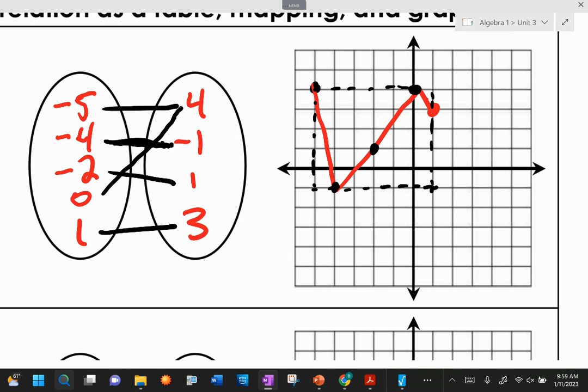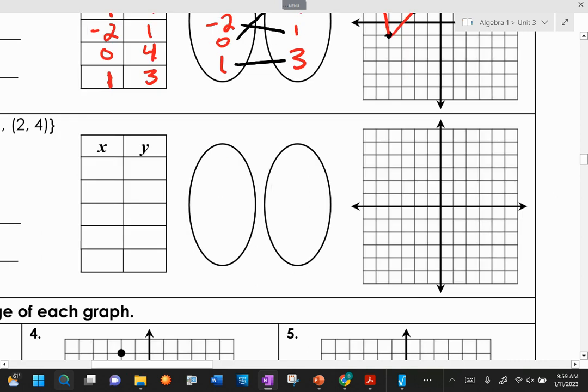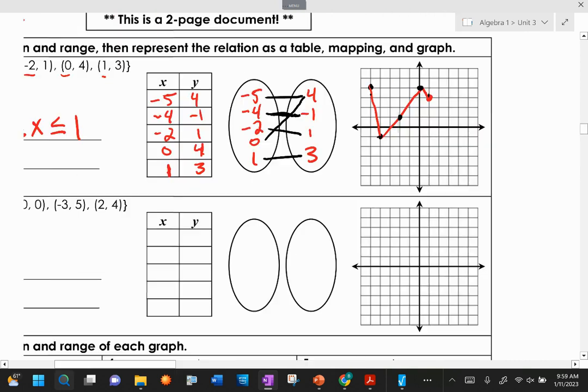Now you don't have to dot them in. You can draw them lightly with pencil, but that can be another way to kind of help you see the highs and the lows. Okay, as you move forward in algebra, especially algebra 2, you'll call them mins and maxes, but we don't need to for algebra 1. So that's our domain.